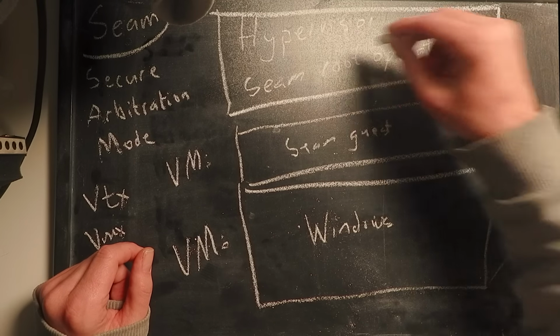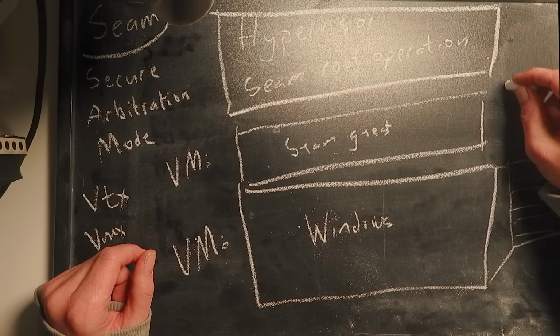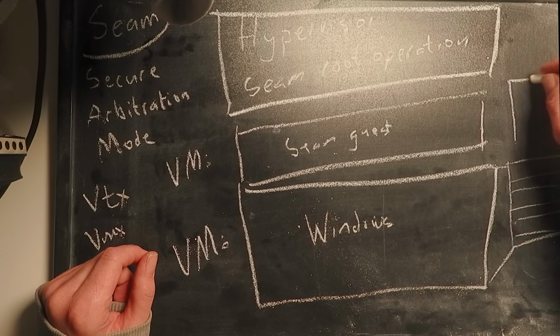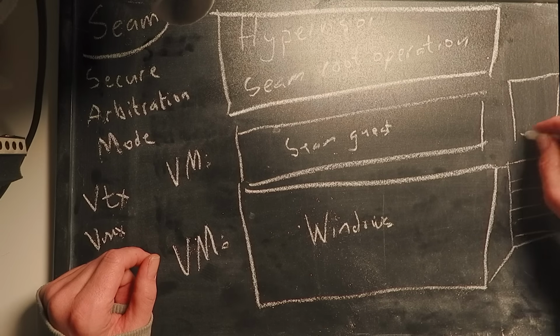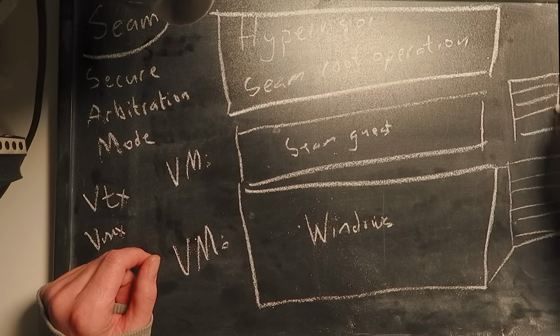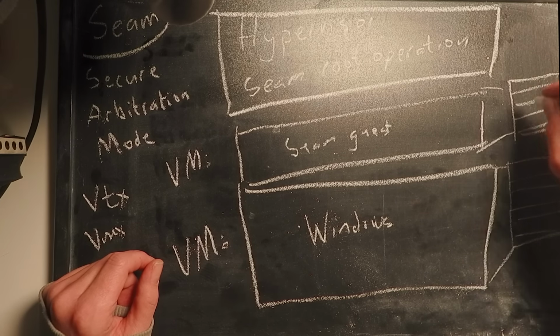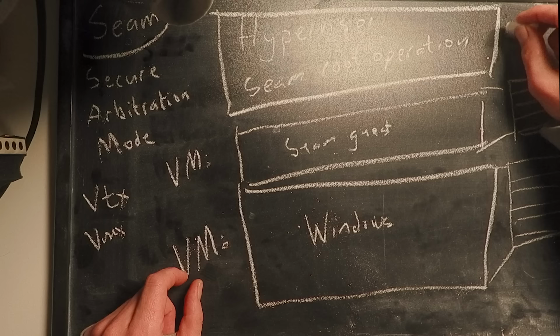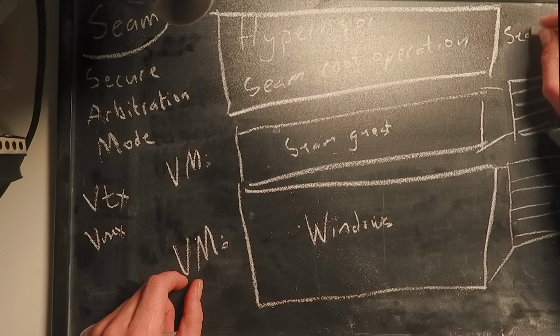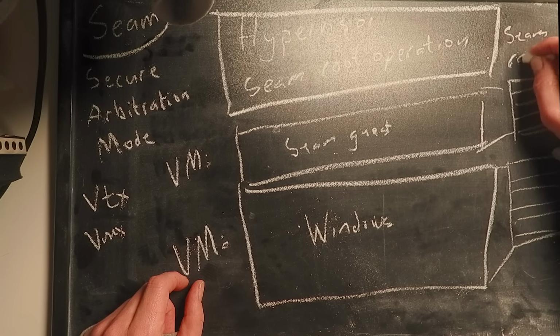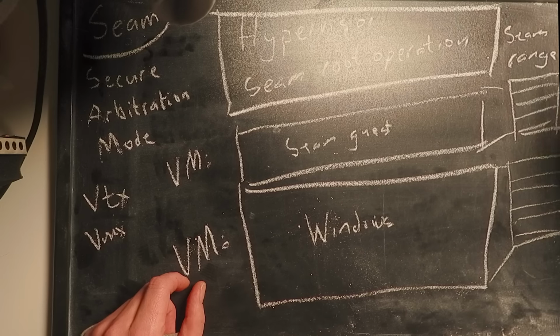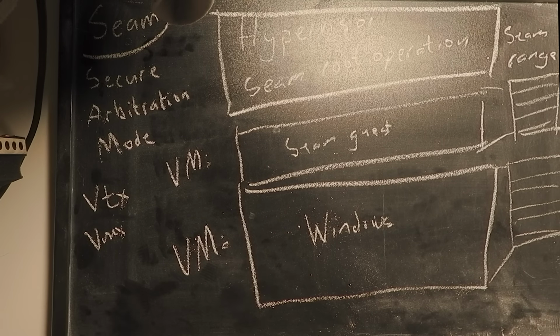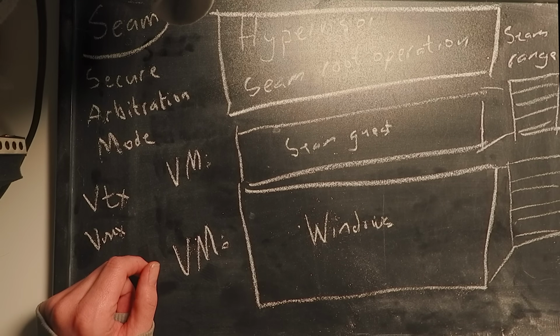But what the hypervisor does is it creates a memory space for that virtual machine as well. But this memory space is very different. It is called the SEAM range. So it's a range of hardware memory addresses in RAM, which is allocated to this special virtual machine.